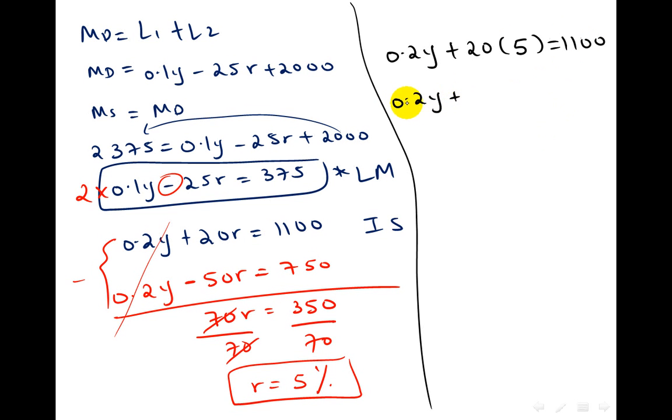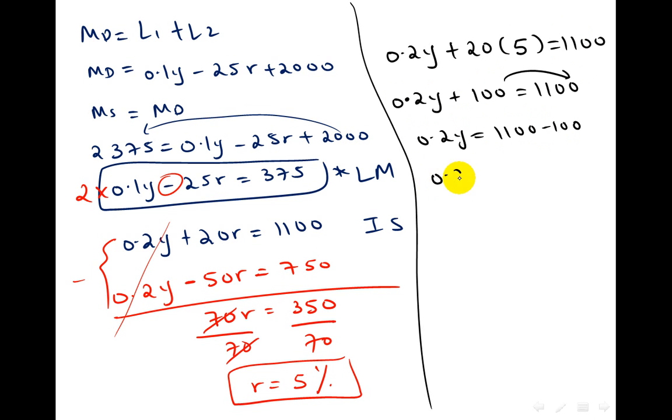I will simplify it more. 20 times 5 will give me 100. And bring this one back and subtract. So 0.2y would equal to just 1000. Divide both sides by 0.2. So the value for y would be 5000.